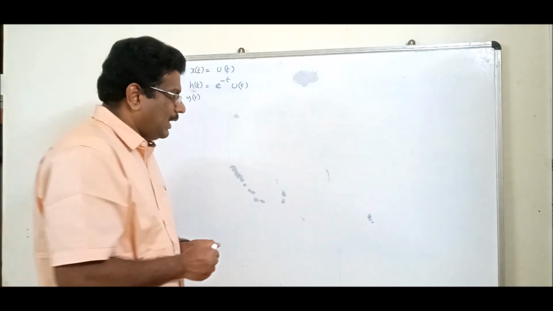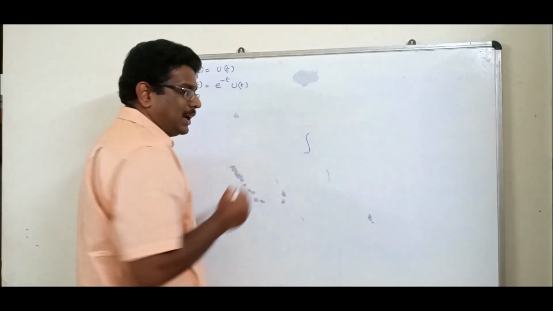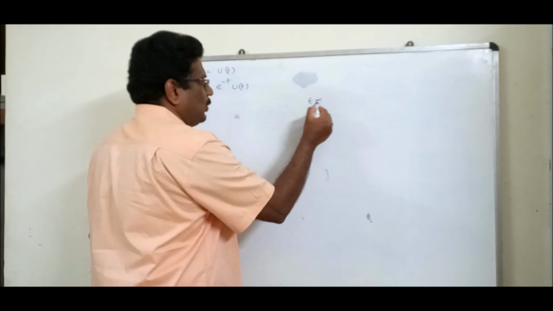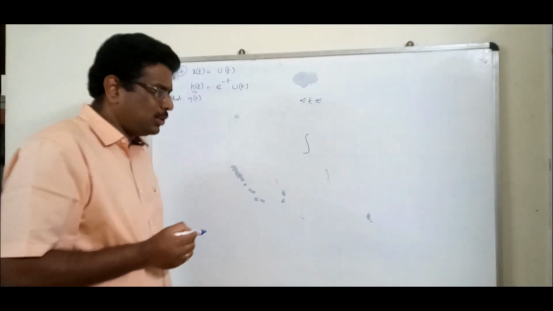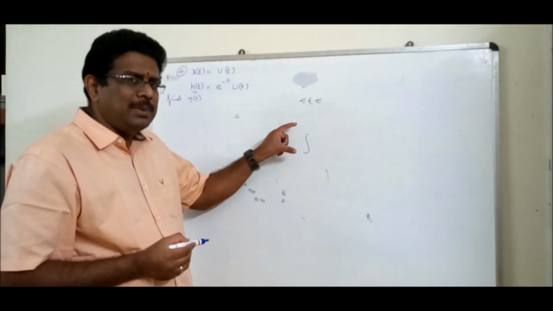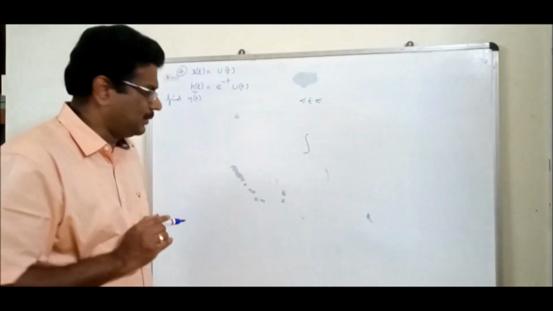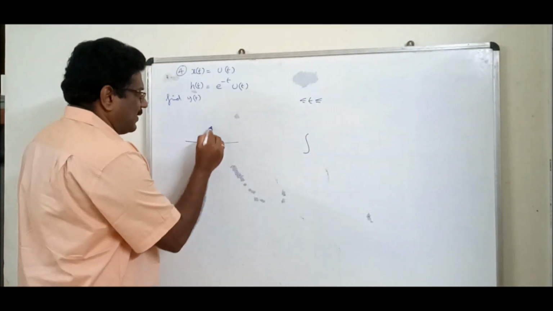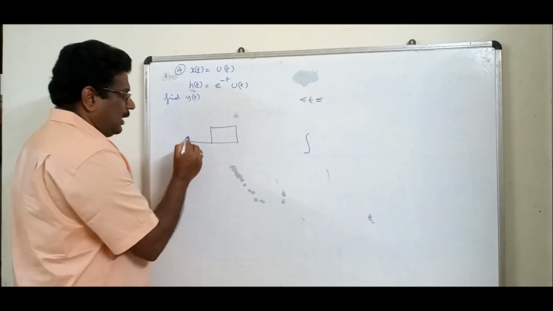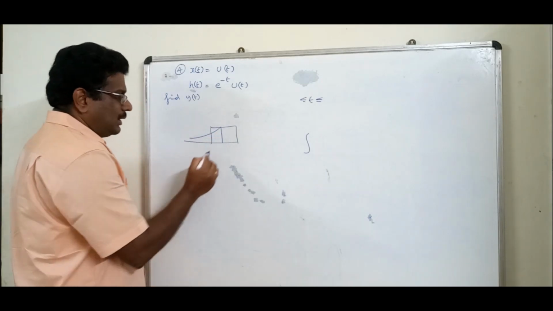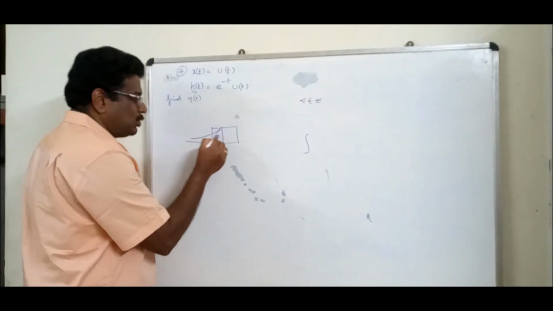Most of the time you will get confused about the integration limit and the t range. I told you, the integration limit is nothing but the common place. In case you have a signal like this, and a signal like this, the common place is the limit.